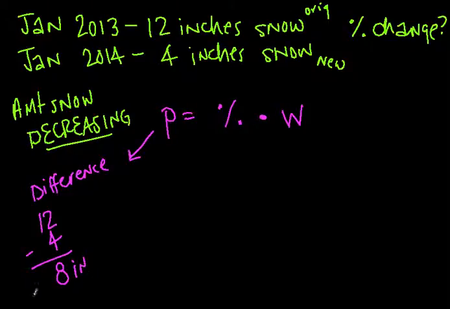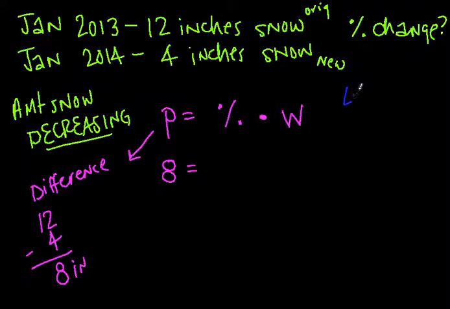This does not have to be a negative number, even though it's decreasing, because we're finding the positive percent of change. So it's decreasing 8 inches. You're going to say decreasing versus making it negative. So this is going to be 8 for the part equals. We're looking for the percent of decrease, the amount the snow decreased this year.